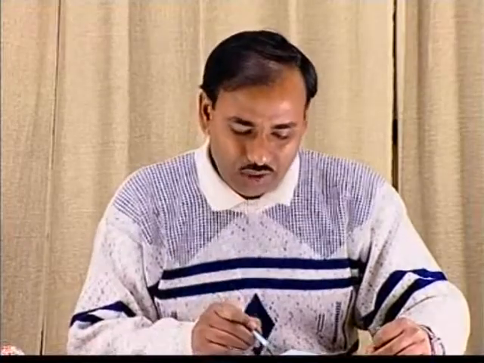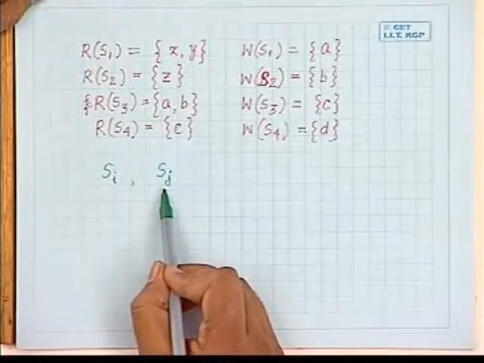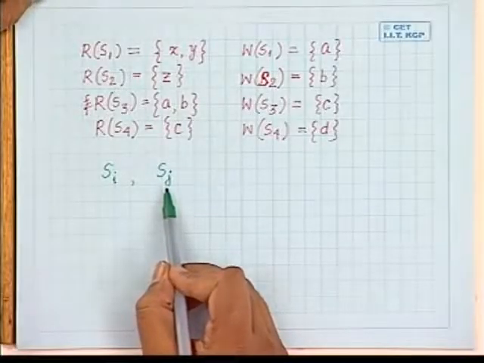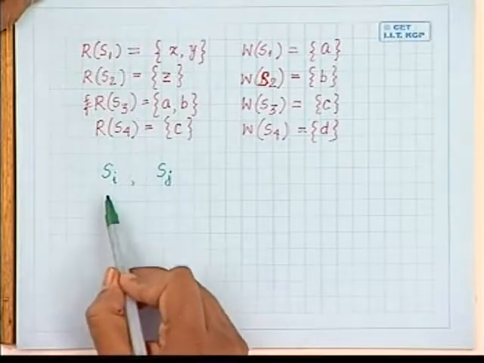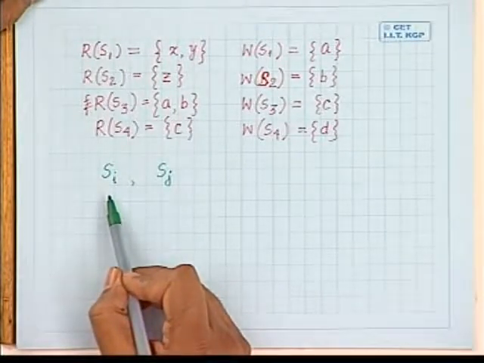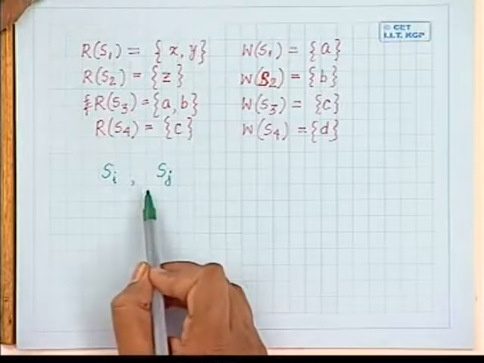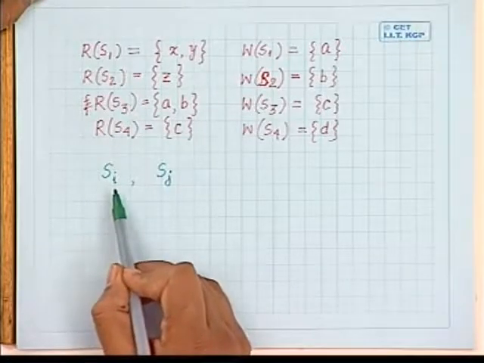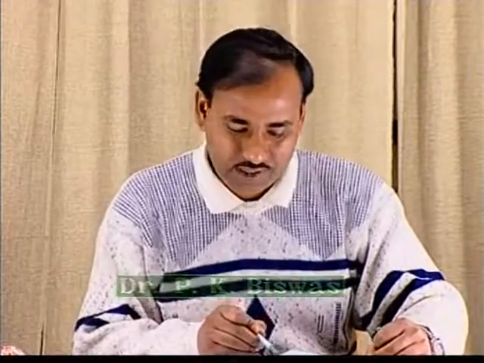So if the write set of Sj does not intersect with the write set of Si or the read set of Si. Similarly, if the write set of Si does not intersect with the read set or write set of Sj, then Si and Sj can be executed concurrently.